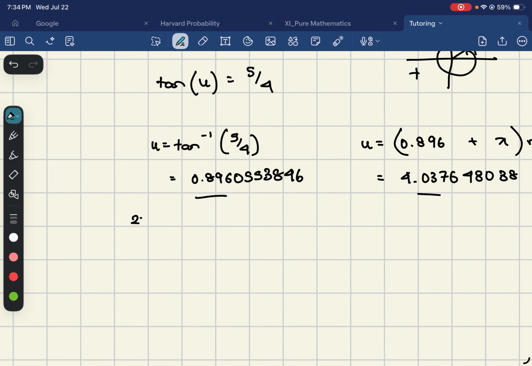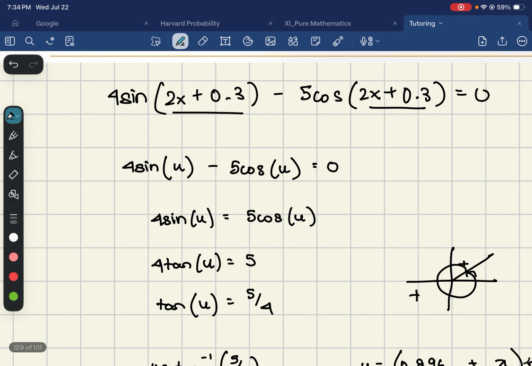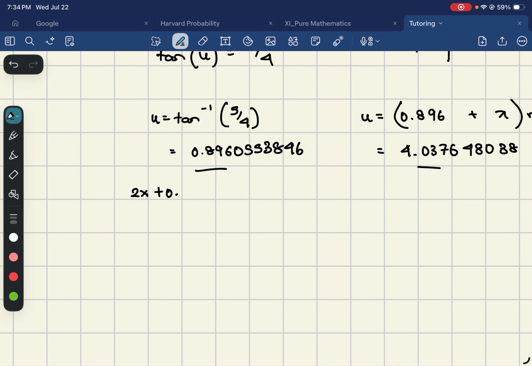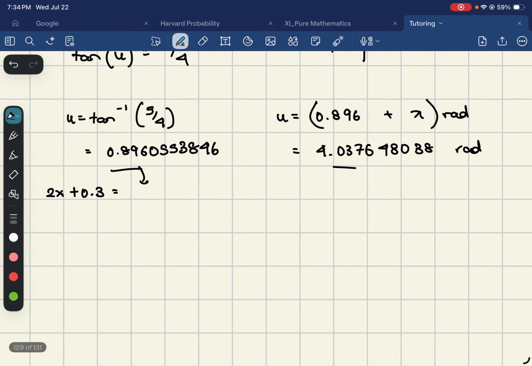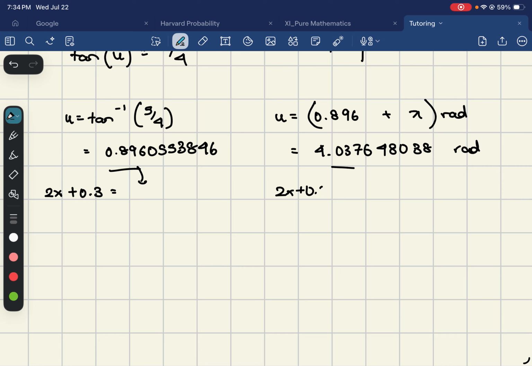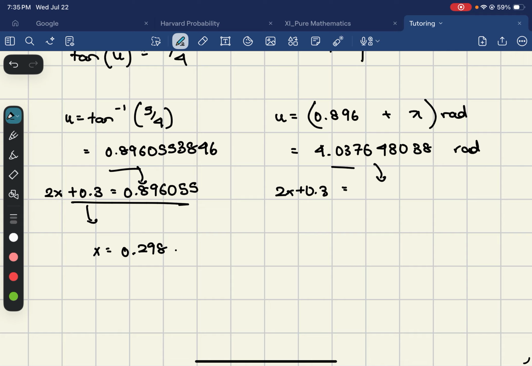All right, so now u was just 2x plus 0.3 equal to this ugly thing, and 2x plus 0.3 is equal to this ugly thing. And now I am not going to solve it. I'm just going to give you the values of x directly. So if you solve this equation, you are going to get x is equal to 0.298 radians.